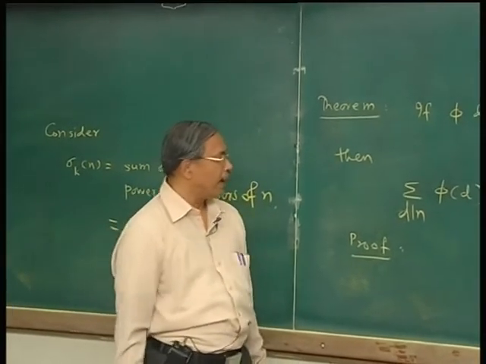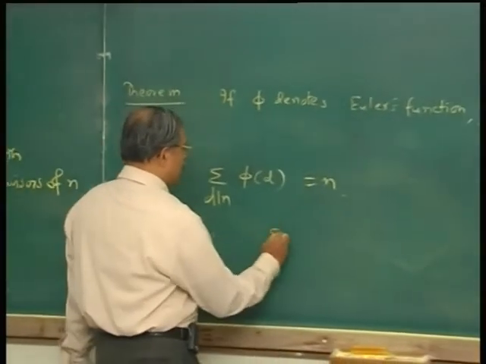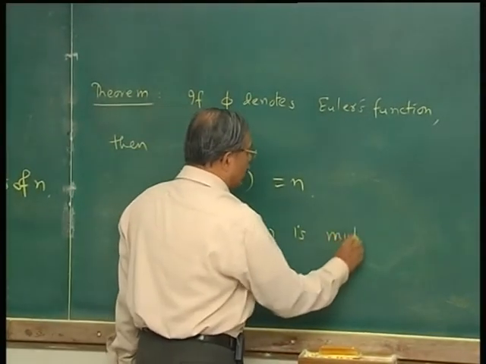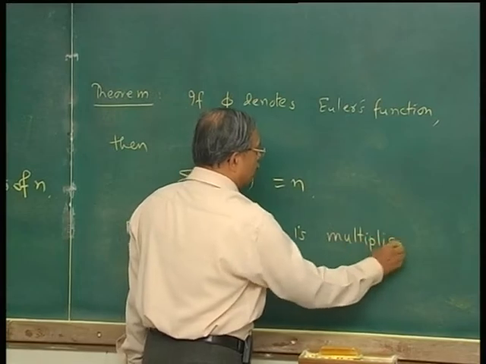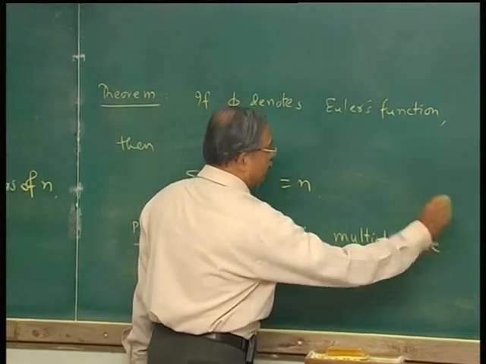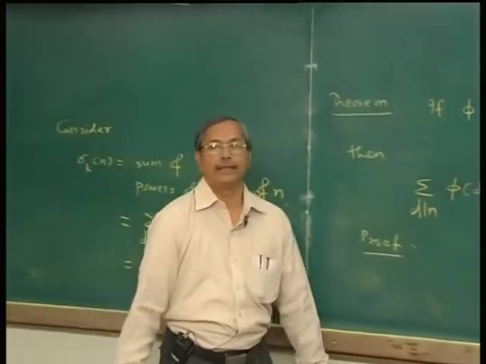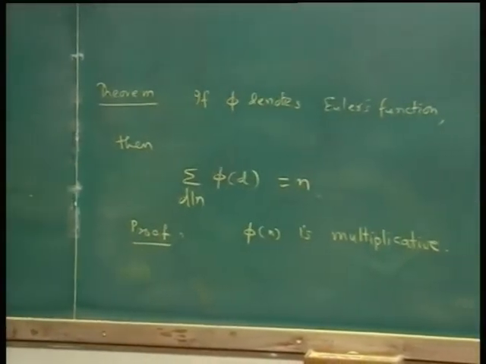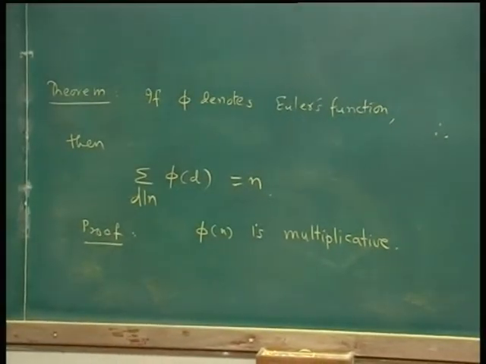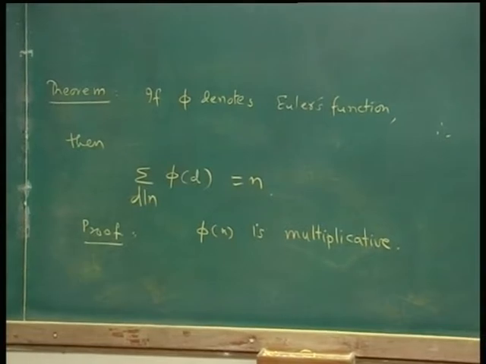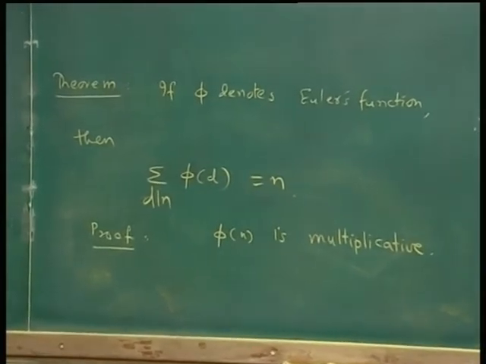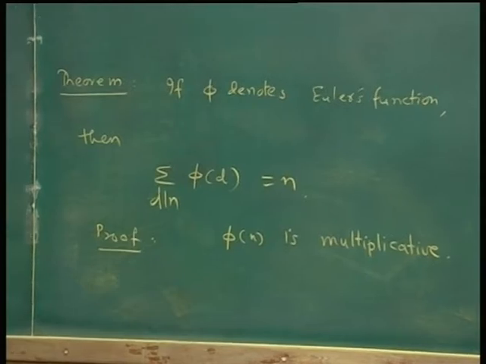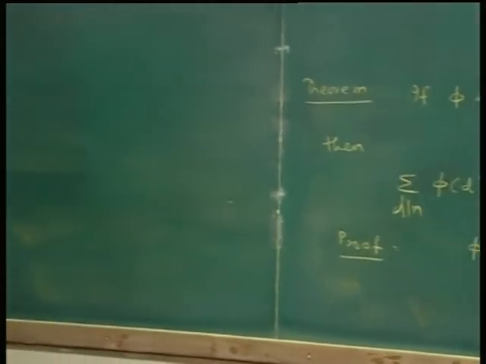consider the function phi n, which is a multiplicative function. Therefore, the function which is obtained from phi of n in this fashion, summation phi d, d divides n, that is also multiplicative.